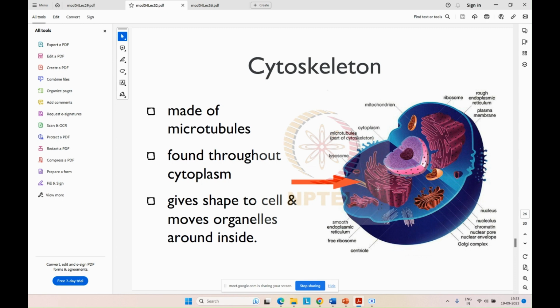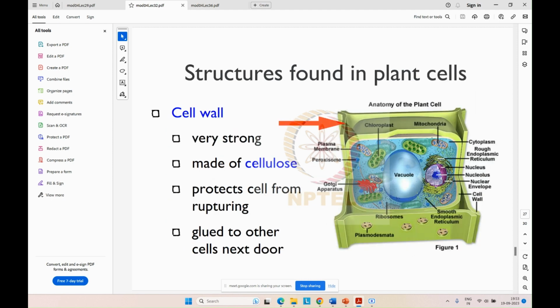If the cell, at the end point, needed to squeeze through the endothelial layer to reach the inflammation, the squeezing and moving is the work of the cytoskeleton, particularly actin filaments.